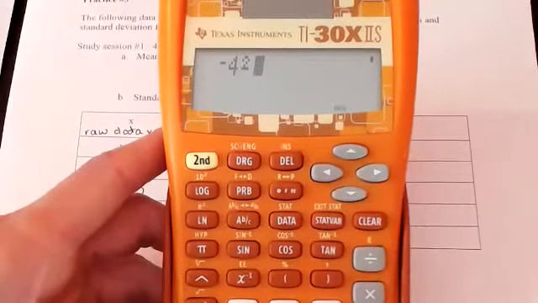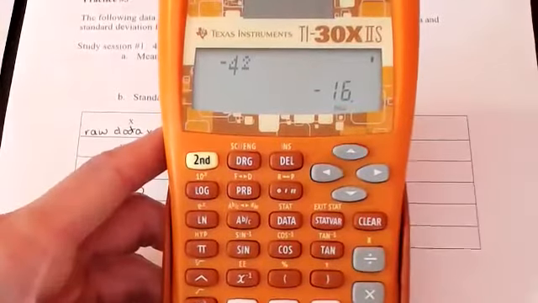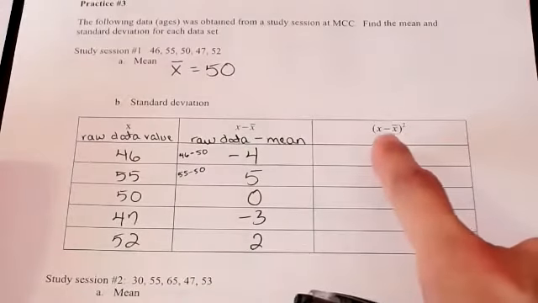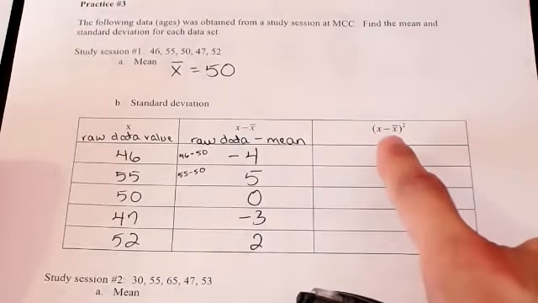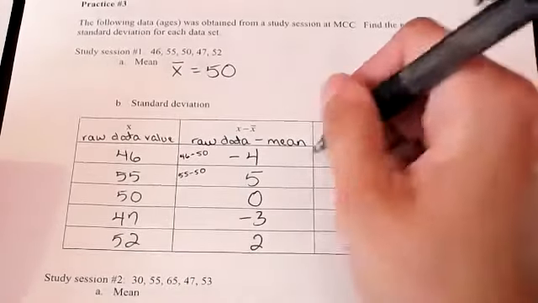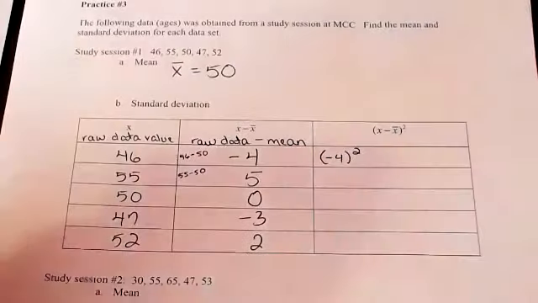So notice if I take -4 written this way, and I square it, I get a -16. That's a problem. Because notice that we have parentheses around that difference. So what we actually mean to say is that we take that value, that difference, and we square it.